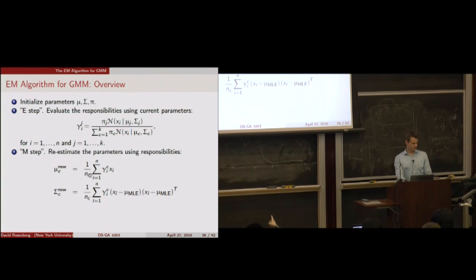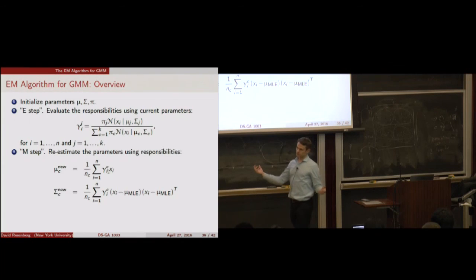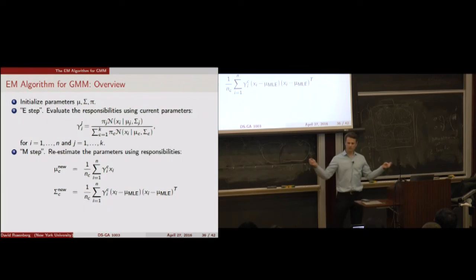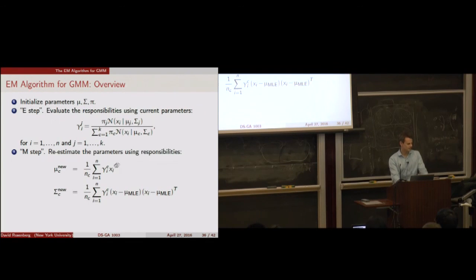Okay. There are n things in the summation, that's true. But we want the average of these xi's to be a convex combination. We want it to be a weighted average. In a weighted average, we have to make sure that our weights sum to 1.